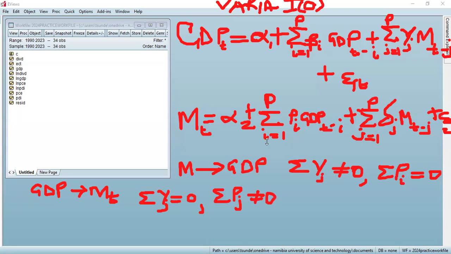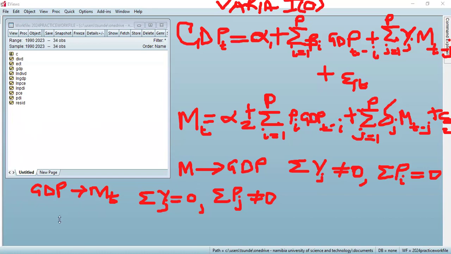So if the rho j's are not equal to 0, it means GDP influences money supply. And if gamma j's are equal to 0, it means money supply does not influence GDP. So this is what gives us unidirectional causality running from GDP to money supply.